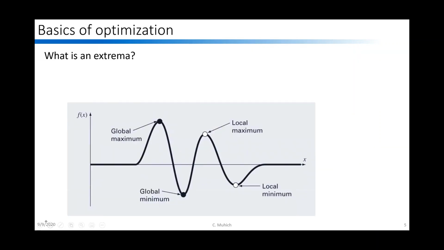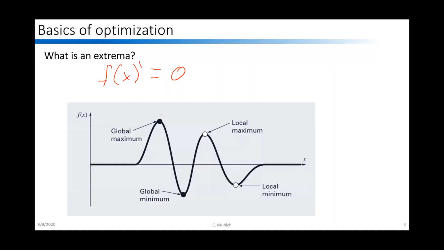Okay, so let's start describing mathematically what an extrema, or maximum or minimum, is. These extrema of these functions are going to occur when the derivative of our function is equal to 0.